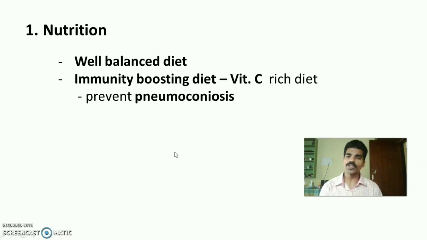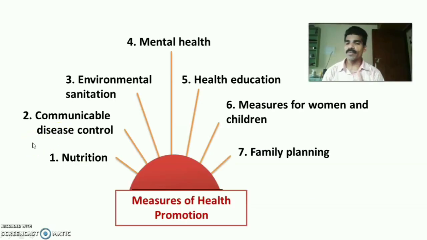The workers should get a well-balanced diet and an immunity boosting diet, that is a vitamin C rich diet that increases the resistance power of the employees or workers. Thus it helps to prevent pneumoconiosis and other occupational diseases. Then prevention and control of communicable diseases which occur in the occupational settings. Then environmental monitoring and environmental sanitation of the occupational setting or the factory or industry.